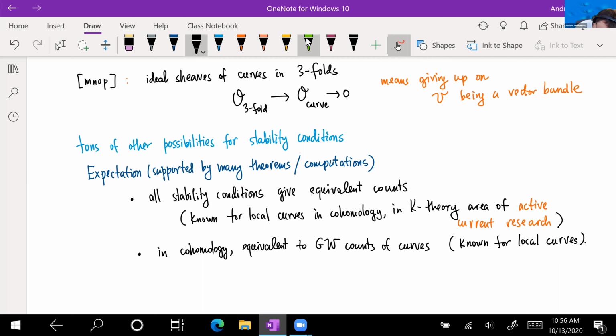And this is the original conjectures of MNOP, that was about this equivalence to Gromov-Witten. That was the original conjecture: that you can count curves in threefolds in different ways. You can do Gromov-Witten theory, and then you get the same result there.